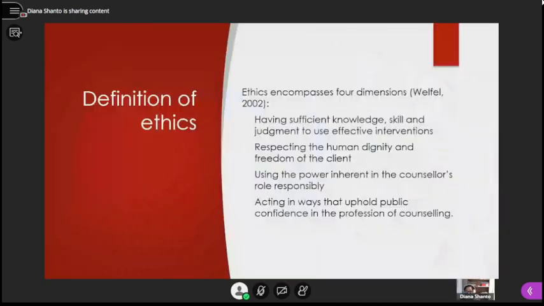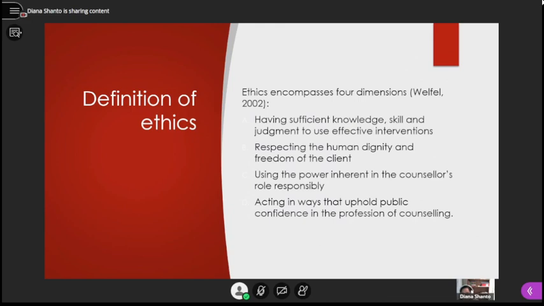Donc, definition of ethics, it encompasses 4 dimensions, and it's having sufficient knowledge, skills and judgment to use effective intervention. C'est-à-dire, ethics encompasse 4 dimensions. 1, you should have the knowledge, the skills through training, through further education to use effective intervention.